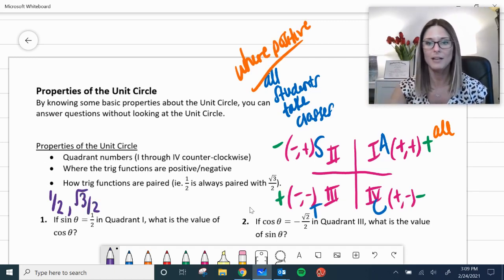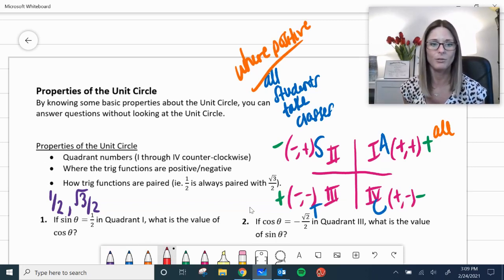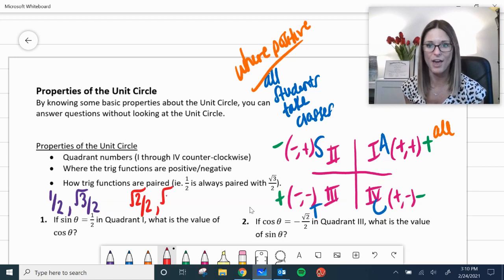If you had a sine value or cosine value that was square root of 3/2, its corresponding trig value is going to be 1/2. The other one, and I love this one, is if I have a square root of 2/2, it's always paired with another square root of 2/2. That's an easy one to remember. So those are special marriages. They always go hand in hand. They are walking up and down the street together, okay?